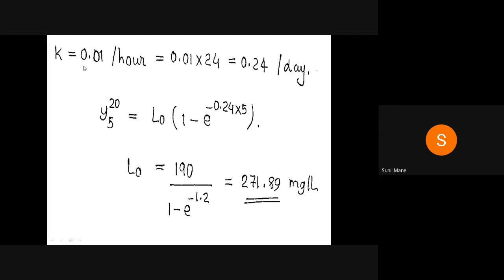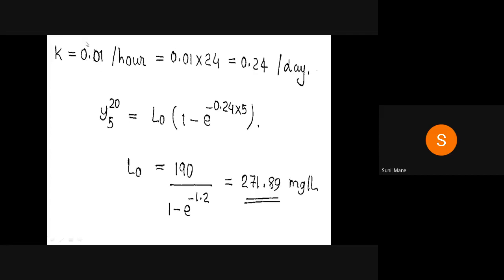Right now the information is given as a constant per hour, so we cannot utilize it here. It has to be converted first into a constant per day. If it is 0.01 per hour, then with 24 hours in a day, K can be converted into 0.01 into 24, that is 0.24 per day.